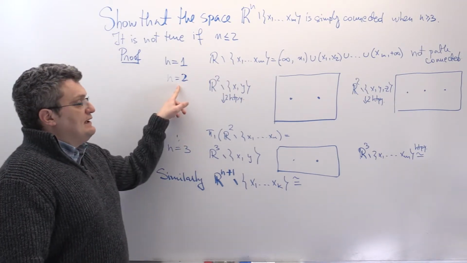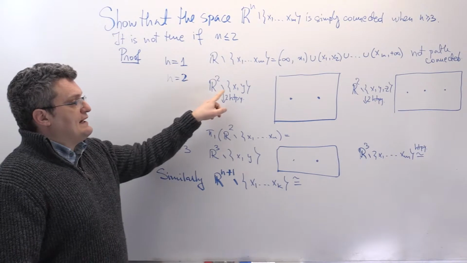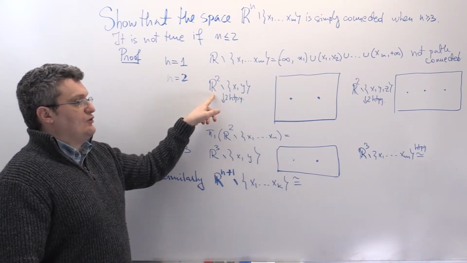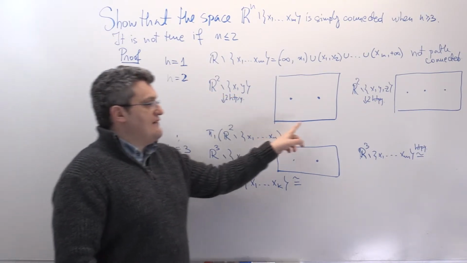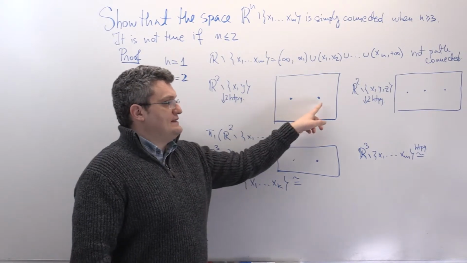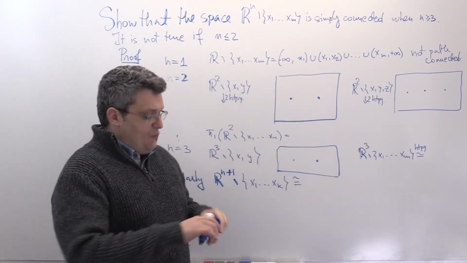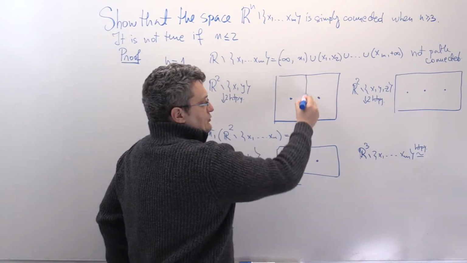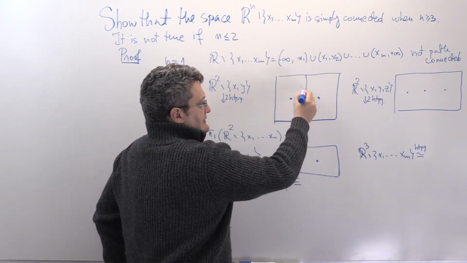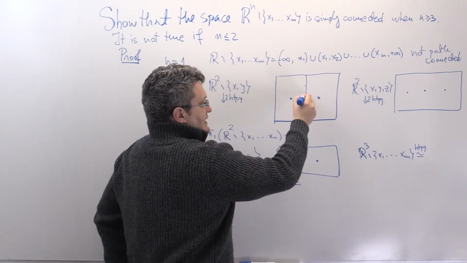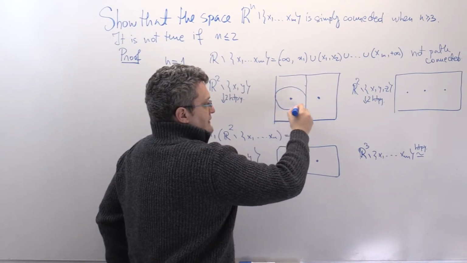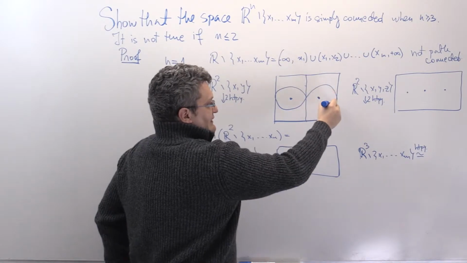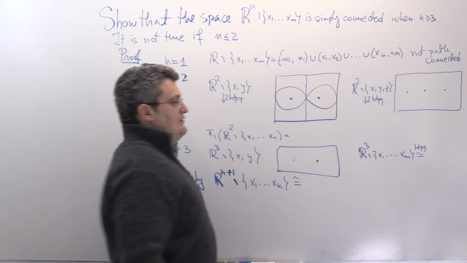In the case n equal 2, suppose we take out 2 points from R2. So we will have the space and the 2 points that are missing. We can do the following. Divide the space in 2 and project everything on 2 circles that go around these points.